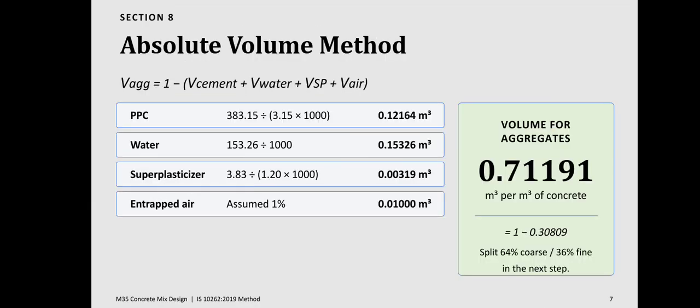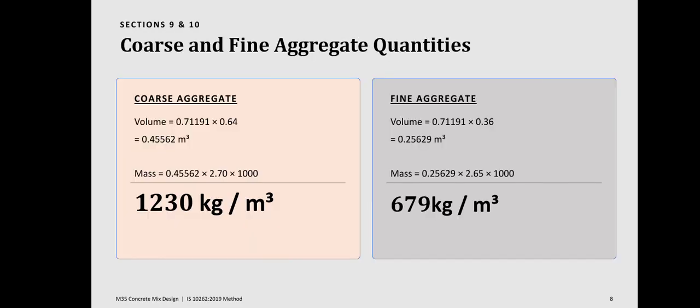So next is the absolute volume method. Here it all comes together. Using the absolute volume method, we subtract the volumes of cement, water, superplasticizer and entrapped air from 1 meter cube of concrete, leaving the volume available for aggregates. Working through those volumes and subtracting from 1, we are left with 0.71191 cubic meter for aggregate.